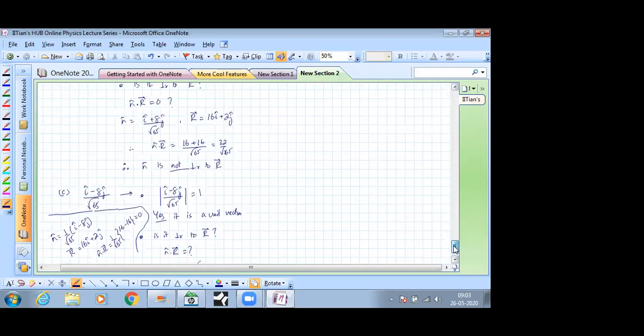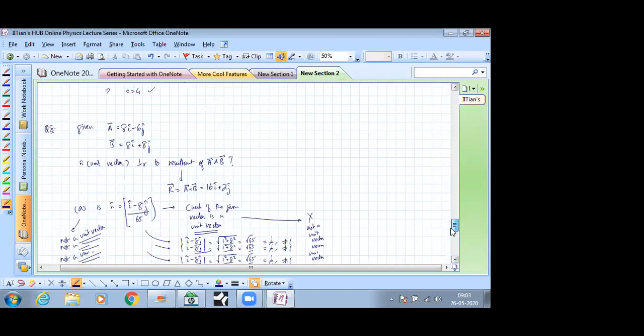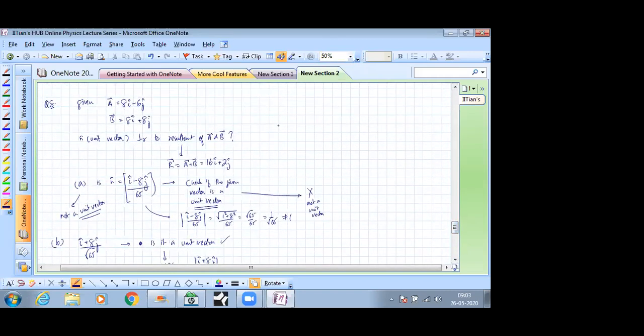So this question we have to do as an indirect question. We have to look at the options and check two things. In the options we have to check each option. Check first of all, is the given vector a unit vector?